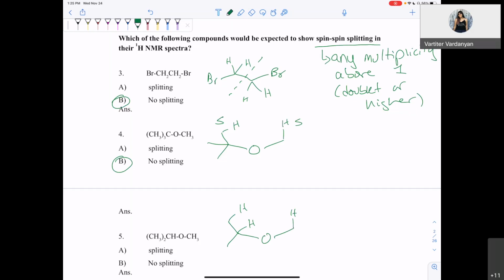Yes, and the reason is because these guys are now neighbors. So this hydrogen has 6 neighbors plus 1. This hydrogen has 1 neighbor plus 1. So we're going to go ahead and say that this one does have splitting.